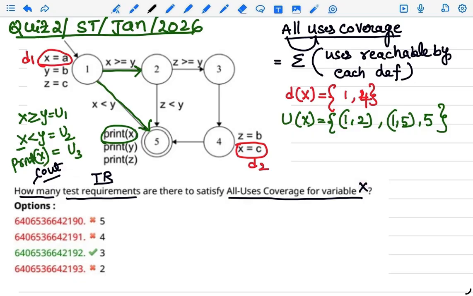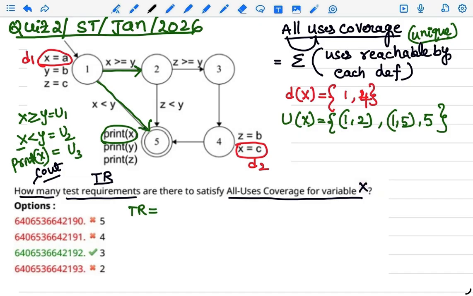So the test requirements for all-uses coverage cover each definition to all reachable uses, that is unique and reachable uses. In all-defs coverage, the number of definitions equals the count of test requirements.